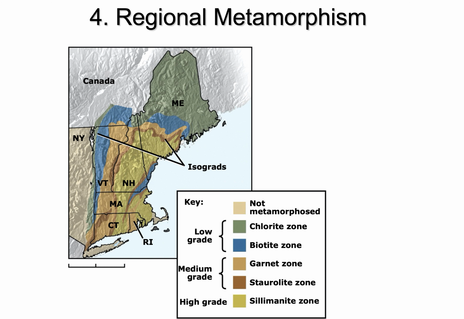Here we have this light greenish zone, and here also, and that is the chlorite zone. Chlorite is formed under low pressure and temperature conditions, under greenschist facies conditions. Therefore we have the first zone.